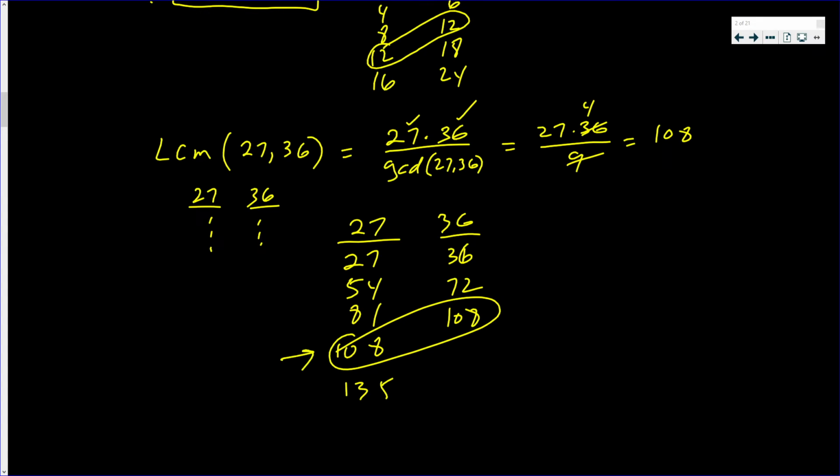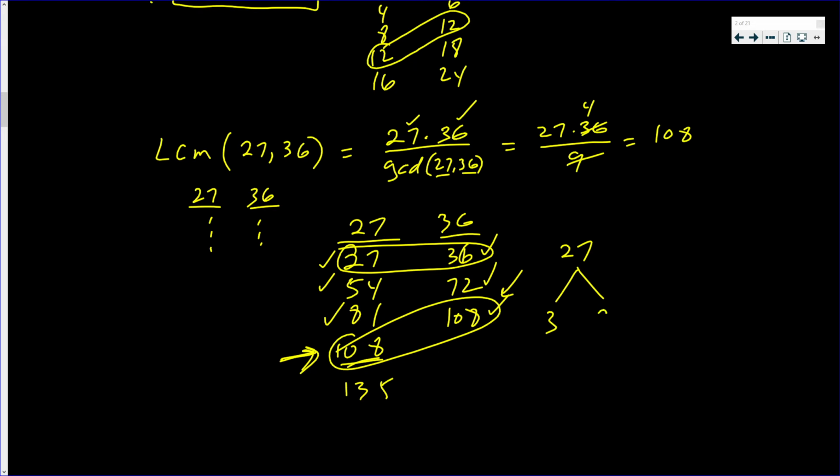For 27, I had to multiply by 4: 1 time, 2 times, 3 times, 4 times. And 36, I only had to multiply by 1, 2, and 3. So 7 multiplications if you didn't know any. And of course the first ones are easy. 27 times 1 is 27. It's a lot easier to find the numbers that go into 27 and 36.